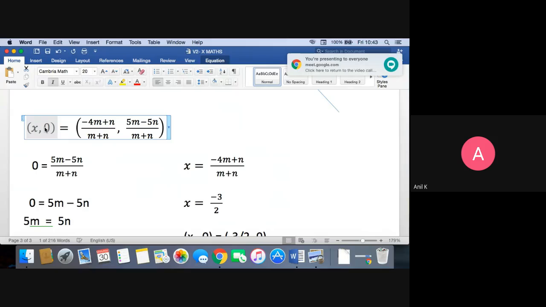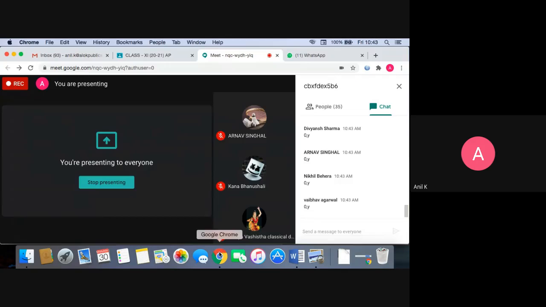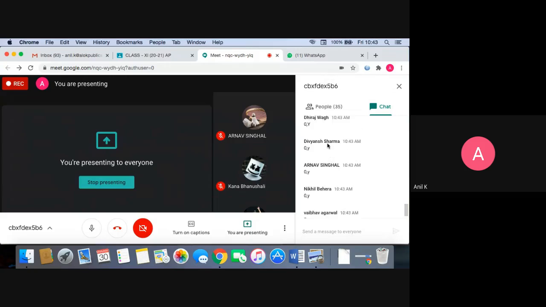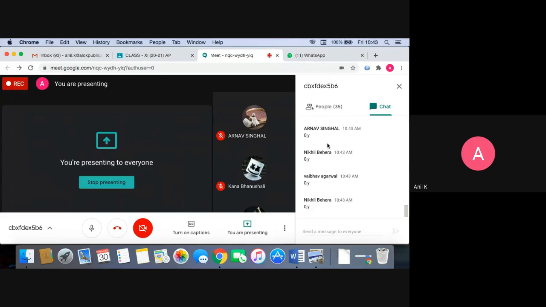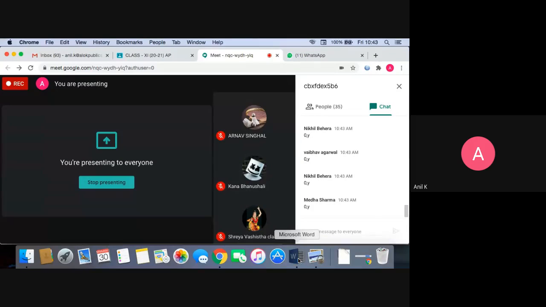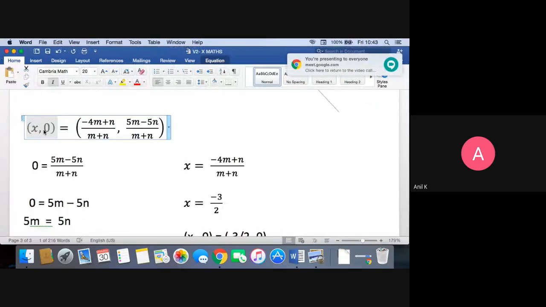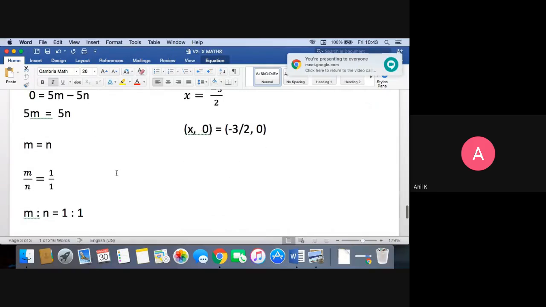Here I have taken it as x comma 0 because it is divided by the x-axis. If they ask about the y-axis, then instead of x comma 0, I have to take it as 0 comma y. Yeah, then accordingly I will solve the question.